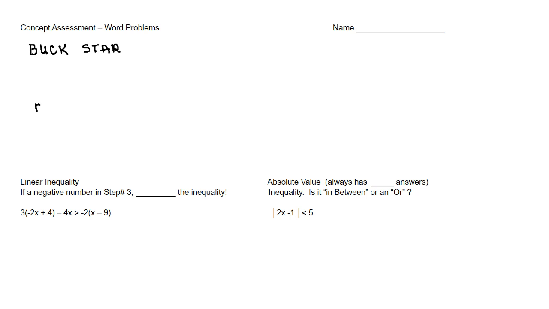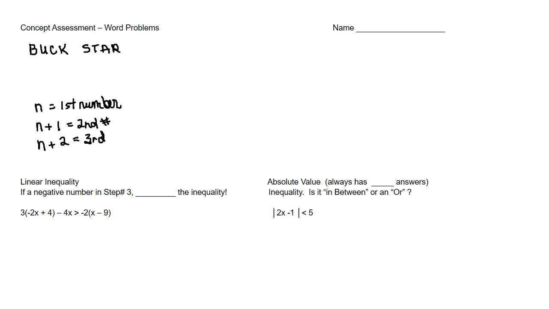Remember that the first number could be n, it could be x, but that's the first number. The second number that's consecutive is just one more. So you'd have n plus 1 as your second number. n plus 2 is the third number, and so forth and so on.